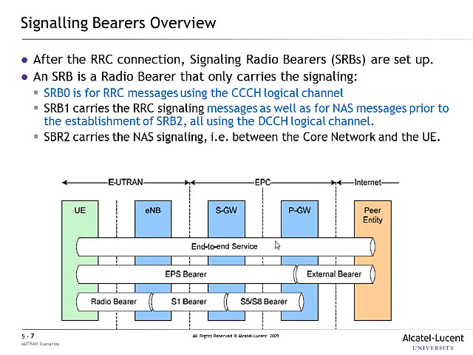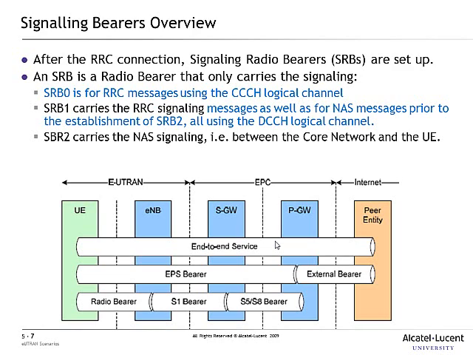So the first type of bearer is a bearer that is first set up. Obviously, the first type of signaling always takes place in the common channel signaling. So you have SRB0, which is set up for all RRC messages associated with common channel signaling. Then a second bearer called SRB1 is set up, and this is set up for all RRC signaling.